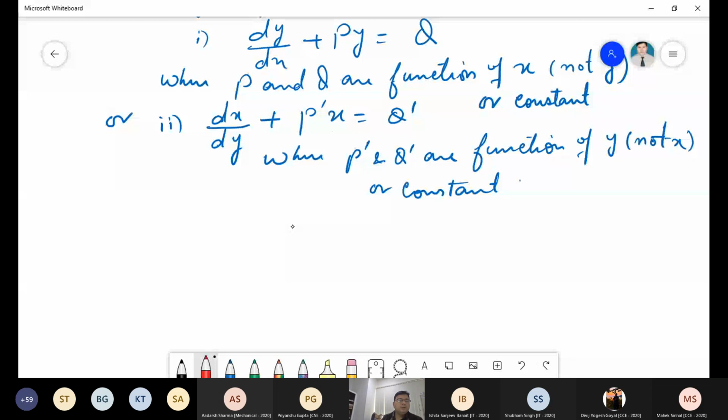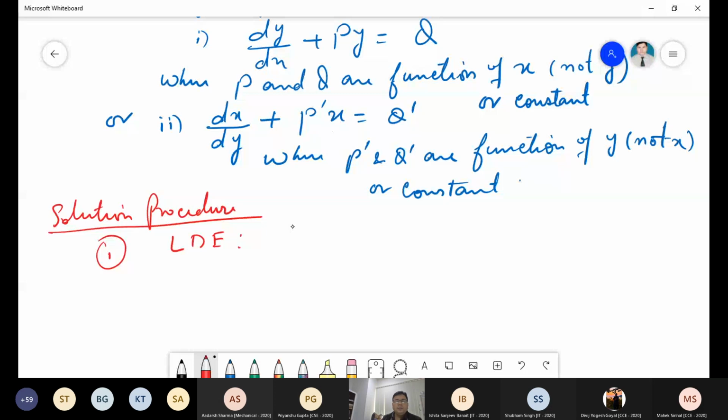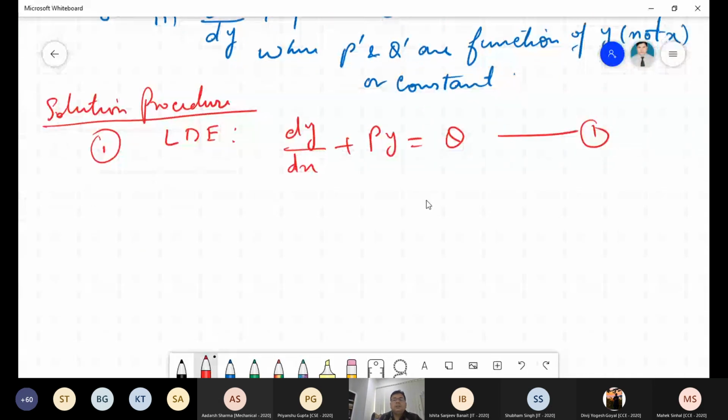So come to the solution procedure. Everybody knows how to solve this kind of equation. Number one, the linear differential equation is in the form dy by dx plus Py equals Q. I'm calling this equation 1, where P and Q are functions of x only, or constants. If it is in this form, we multiply by its integrating factor.